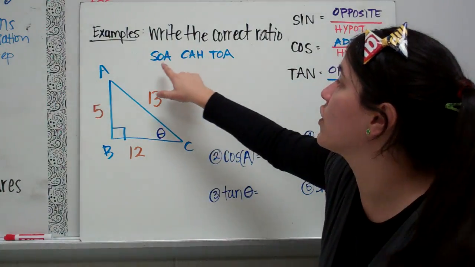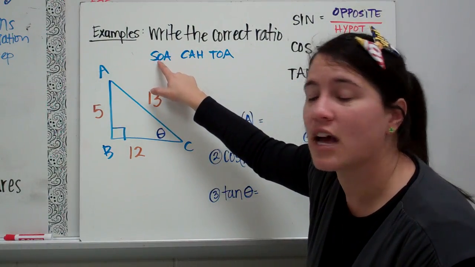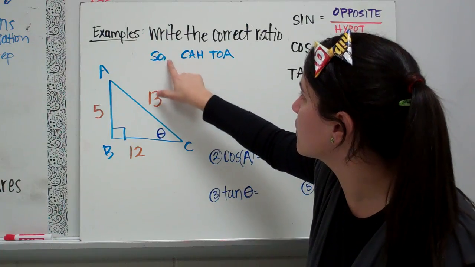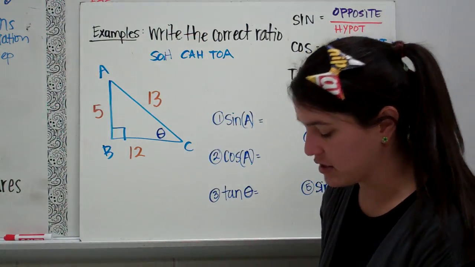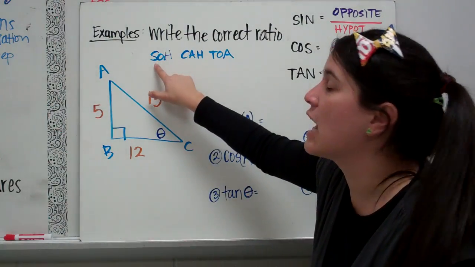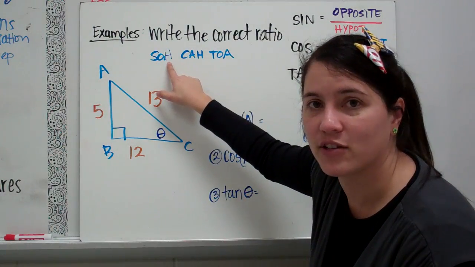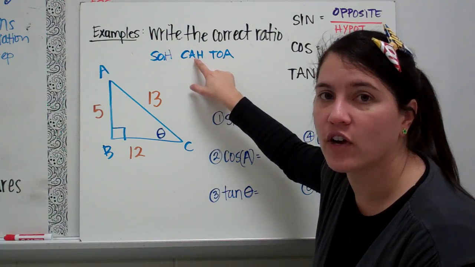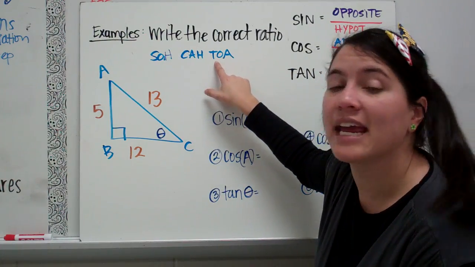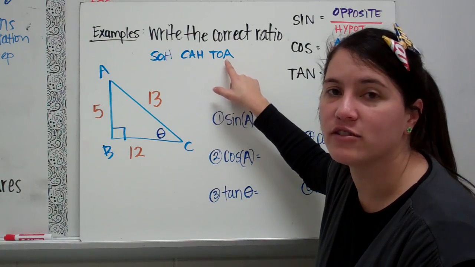And what that stands for is: sine is opposite over hypotenuse, cosine is adjacent over hypotenuse, tangent is opposite over adjacent.